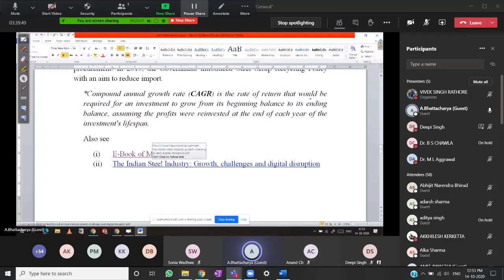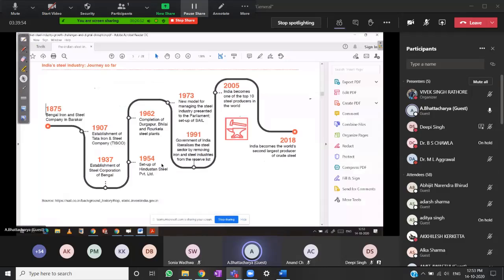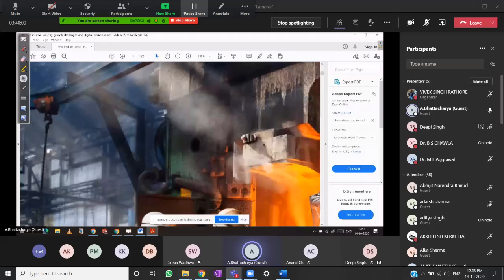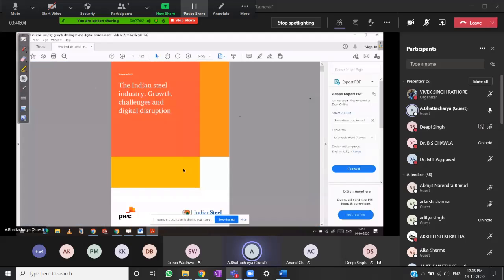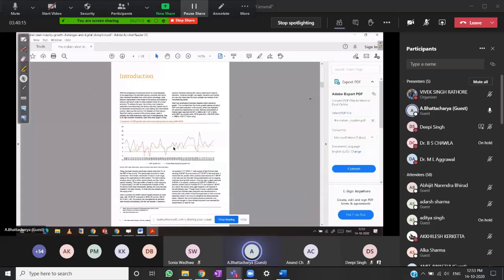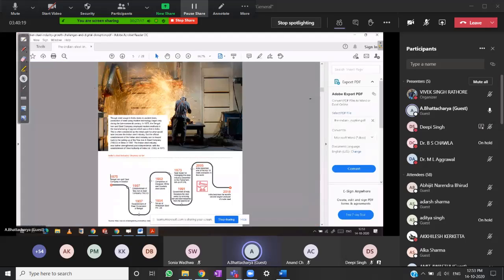Listen, I'll share all this. So this is one document on industry growth challenges and digital disruption. This is also a very good document where the entire scenario of steel production is given. For example, this is our steel industry, how it has grown over the years.